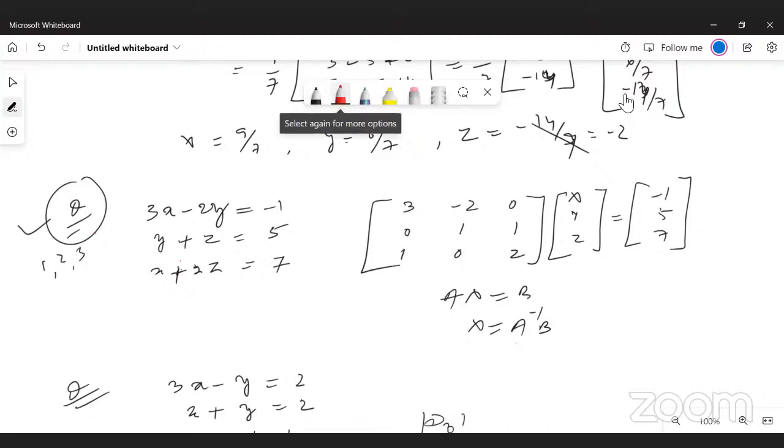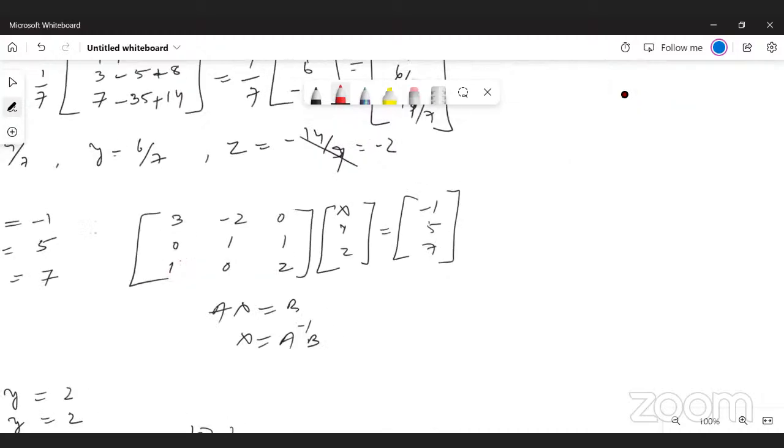Okay, I will write 8. So it becomes 3 whole into 1, 1, 0, 2, then minus minus, which is plus 2 into 0, 1, 1, 2, thereafter plus 0 into 0, 1 and 1, 0.